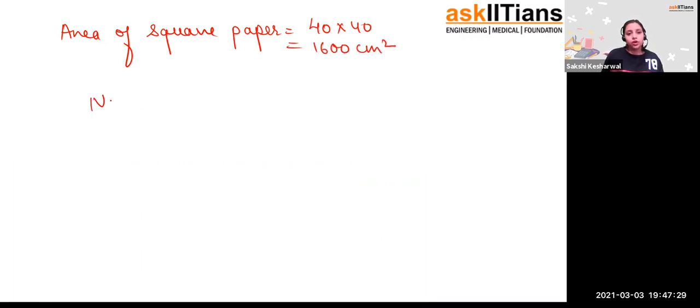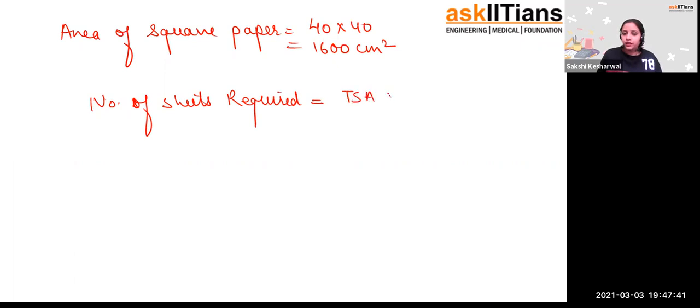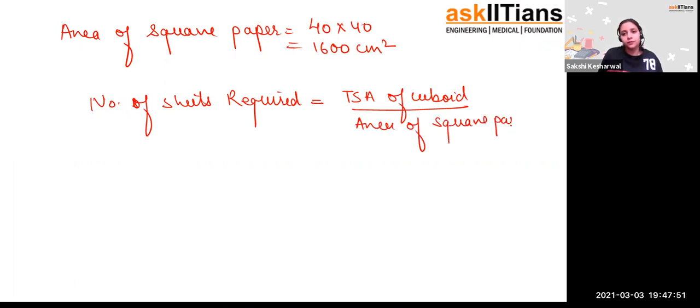So the number of sheets required will be how much, beta? That is TSA of cuboid divided by area of square paper, right?